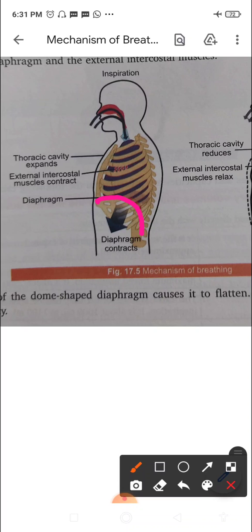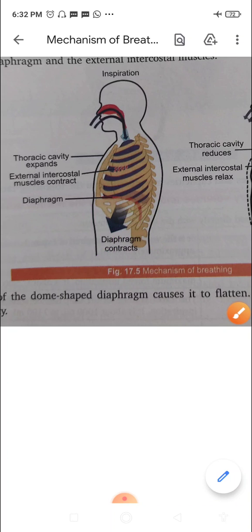When it contracts, the diaphragm will move down and flatten. The moment the diaphragm moves down, vertically the space in the thoracic cavity increases. So the movement of the diaphragm downwards, that means when it contracts, increases the vertical height.